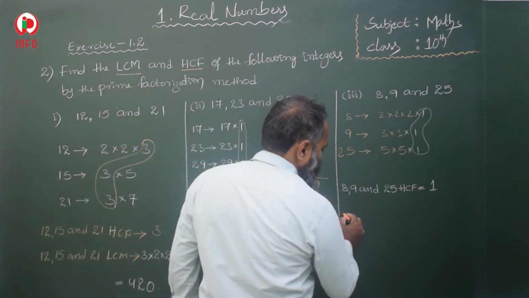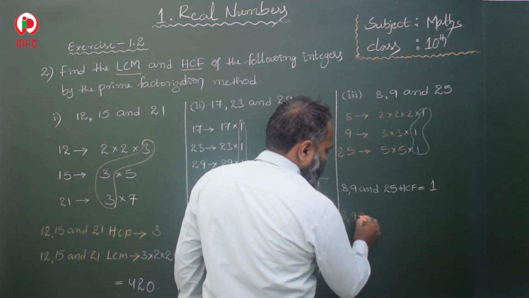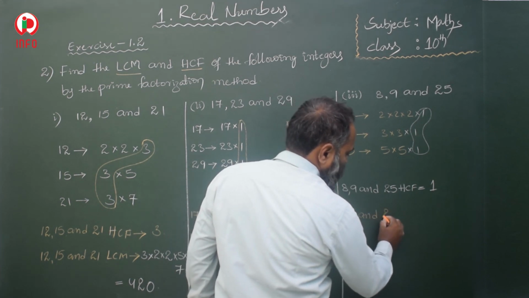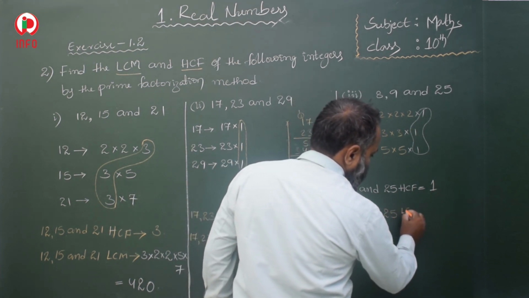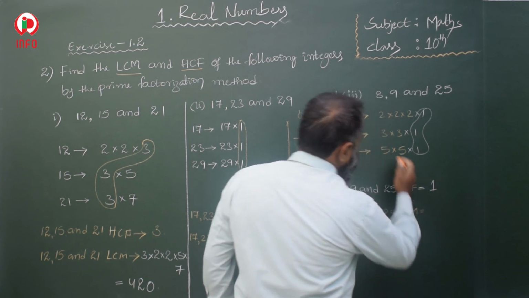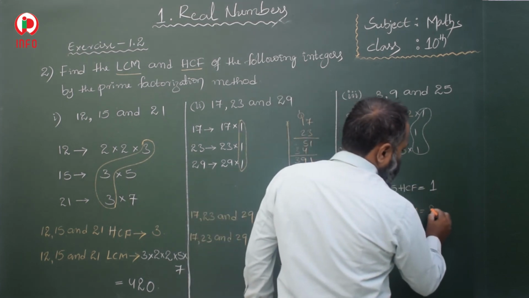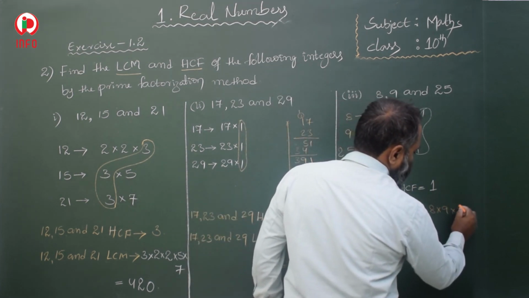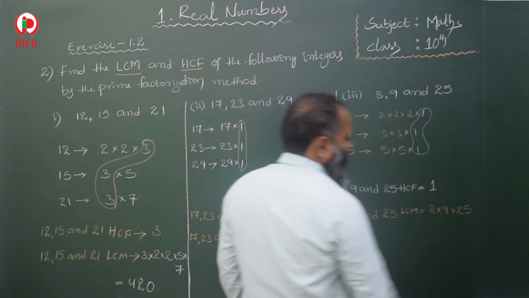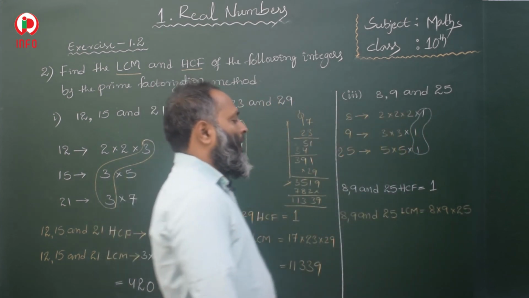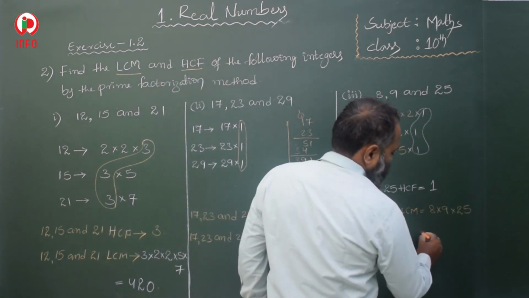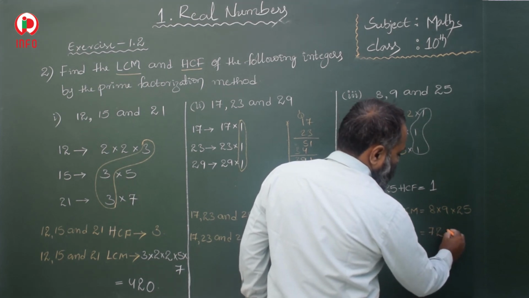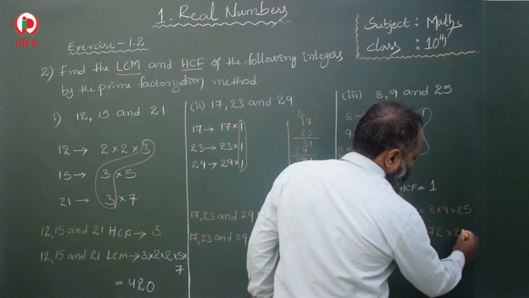Now for 8, 9 and 25, the LCM. We just multiply all: 8 into 9 into 25. 8 nines are 72, 72 with 25.